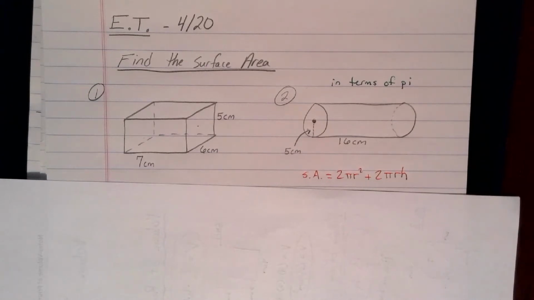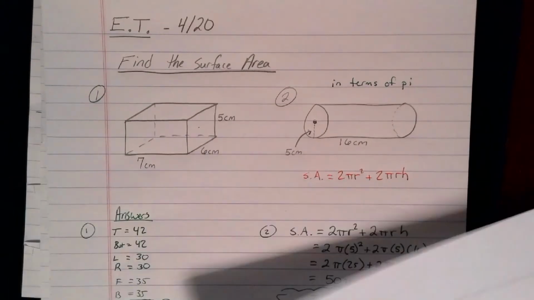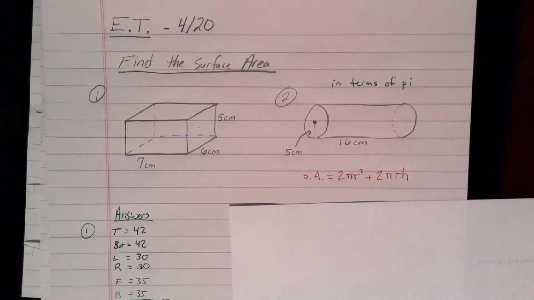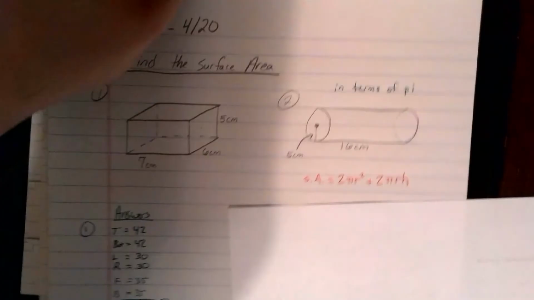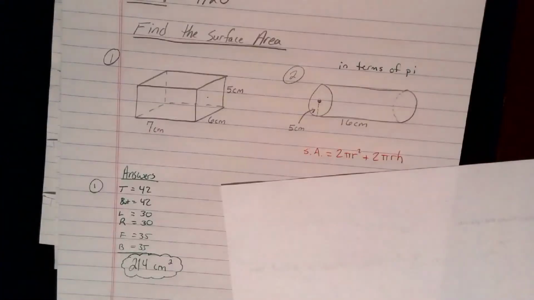Okay, after you're done pausing the video, I'll go over the answers here. Hopefully you tried these couple of questions. For number 1, we've talked about finding the area of each face and then adding up all 6 areas because there's 6 faces on this rectangular prism.